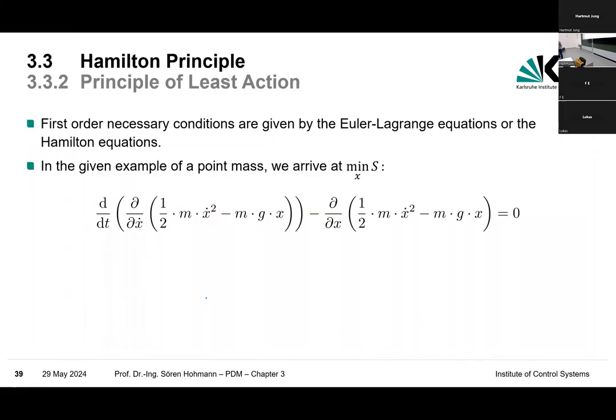Which brings us to a simple example again. I just want to take a mechanical example to show you that it really works out. So suppose, think of the example with the point mass, moving around, but governed by gravitational force.